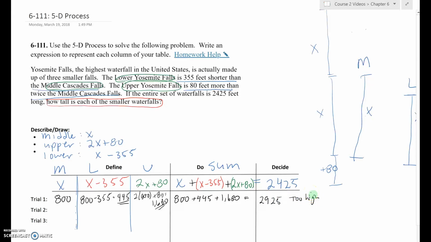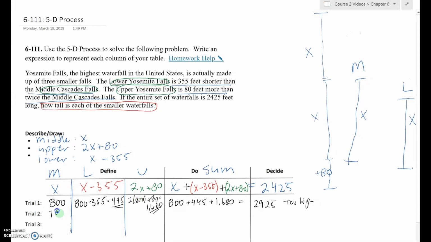Then you would try something else. You'd plug in 700 maybe. So the middle is 700, and 700 minus 355 gives the lower falls 345. The upper is double the middle falls, 2 times 700, plus 80, and that gets us 1,480.